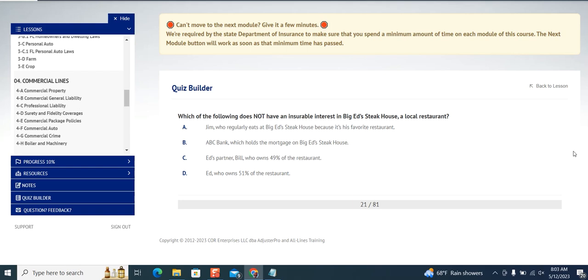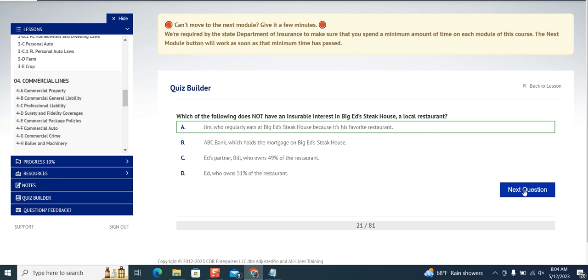If it burned down, they're gonna lose money basically. So let's see. Jim, who regularly eats at the steakhouse because it's his favorite restaurant. No, he ain't gonna have no interest. If my truck breaks down, it ain't gonna affect y'all one bit. So we gonna go with Jim up at the top.